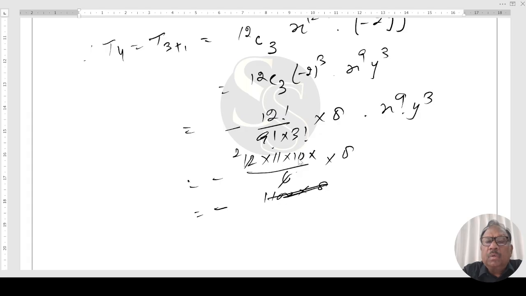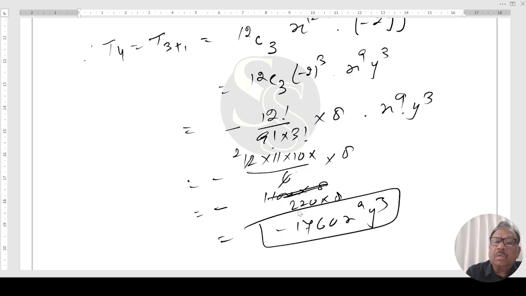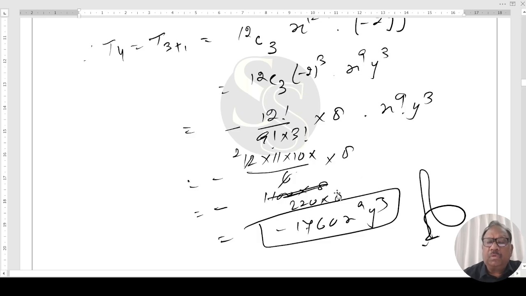This comes out to 220 into 8, that comes out to minus 1760 x to the power 9 y to the power 3. That is the answer. Right? Now question.